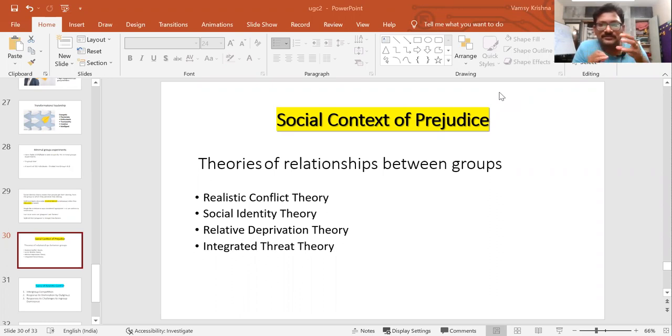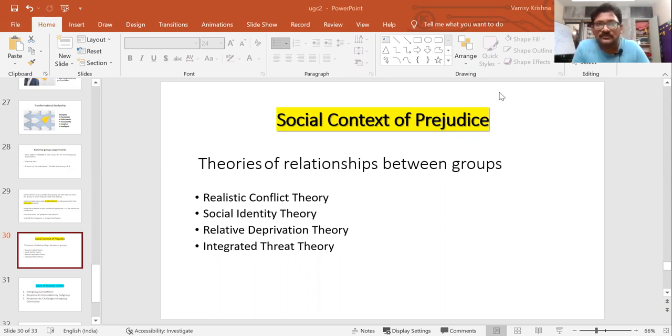So what happens is people tend to like members of cooperating groups within the groups. People are motivated by a desire to maximize the rewards they receive in life, even if that means taking away from others' rewards.